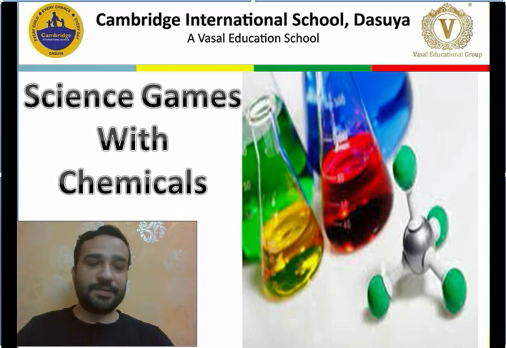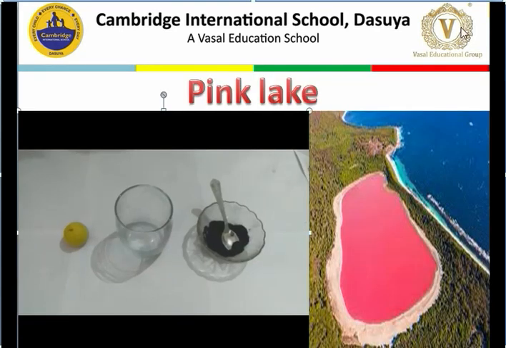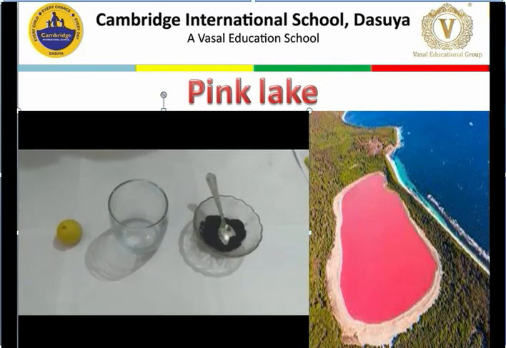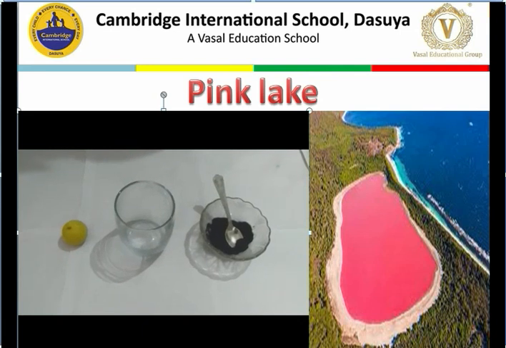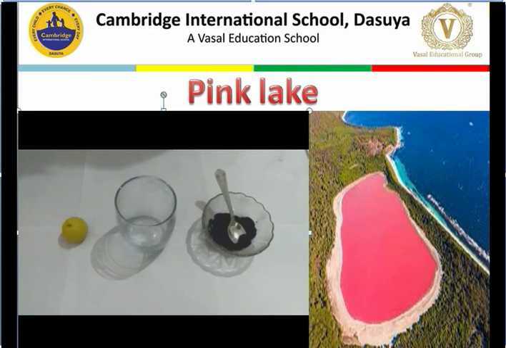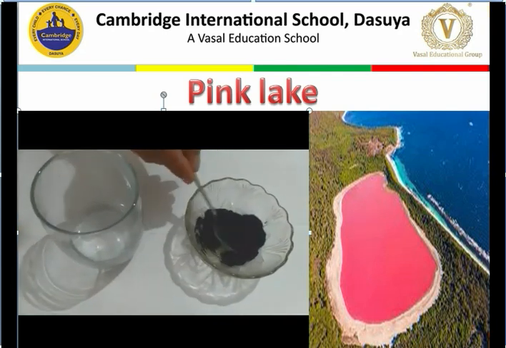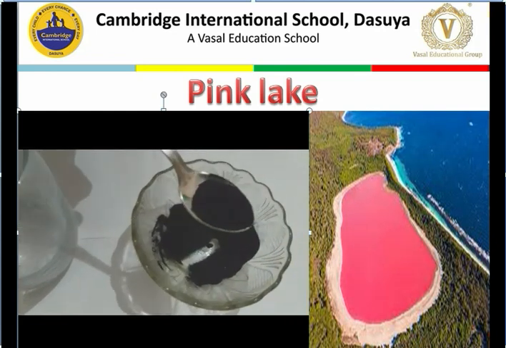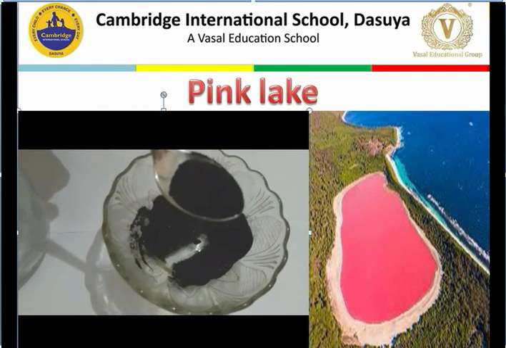Okay, so let's begin. Yes students, now we are going to make a pink lake. Naturally, it is located in the Australian continent, but today we are going to make this pink lake back home with the help of chemicals. Can you see this crystalline purple, reddish chemical?